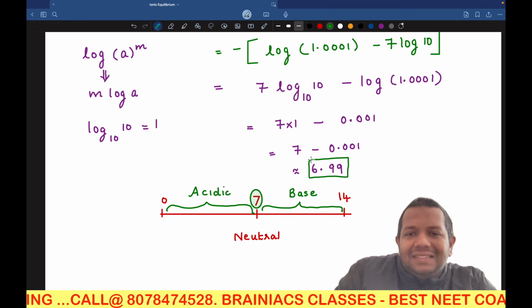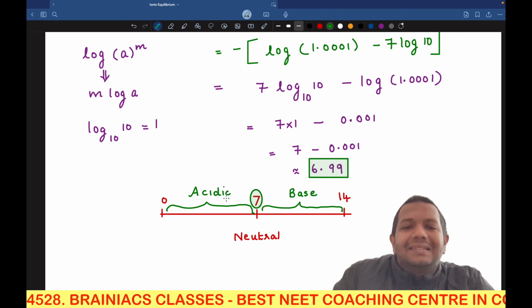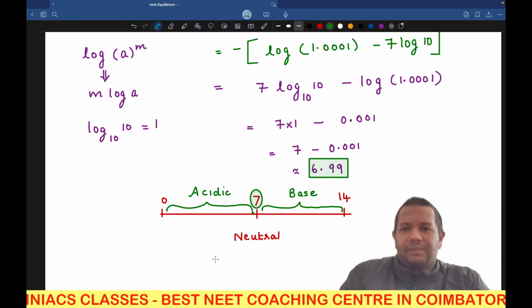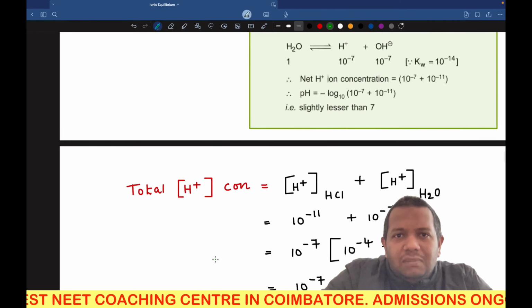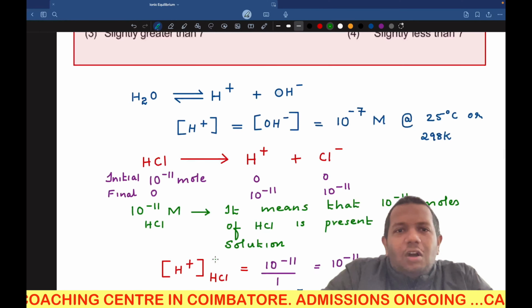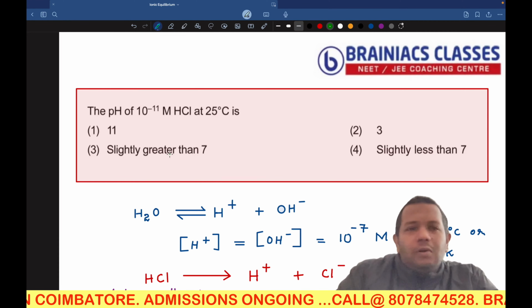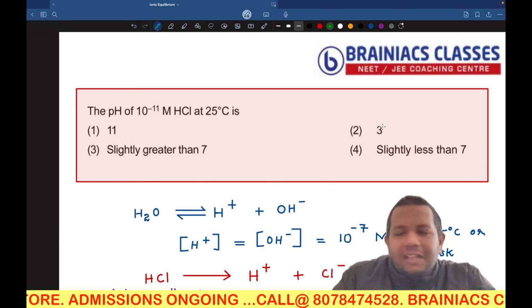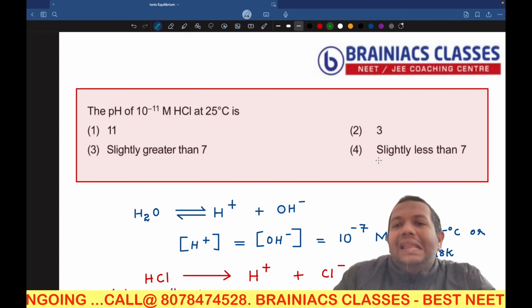So I can say this is little less than 7, or I can say this is acidic, slightly acidic in nature. Okay, so let us try to find out the various options. That's why very important. So you can see in the options 11 is there. Okay, of course it is not 11. 3 is there, that is not correct. Slightly greater than 7, that's why slightly less than 7.